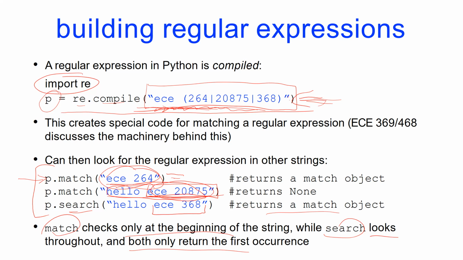Of course, when you specify a pattern, it's less likely that the pattern will match only one thing, right? Because if you match one thing, you will just give me a string, right? So a lot of times you want to say, I only care about, for example, ECE followed by any numbers.